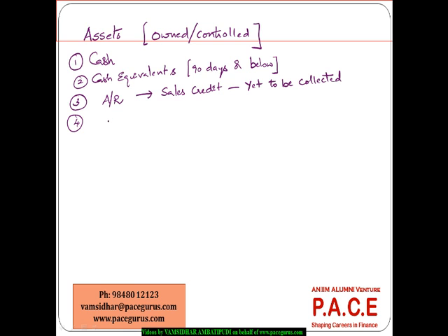Then we can also look at inventory. Accounts receivables can have a contra account, as we just now discussed. A bad debt expense could be a contra account for accounts receivables. Then inventory, again, this is the kind of raw materials or work in progress or finished goods that are there with the company. Even this could have obsolete inventory as a contra account that could reduce the value of this inventory.